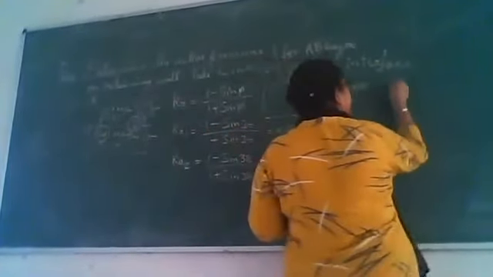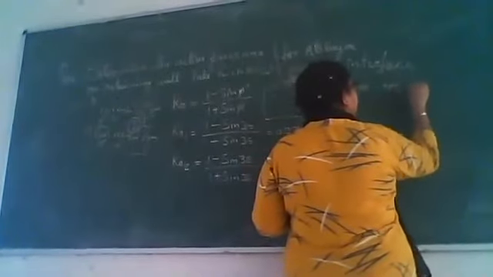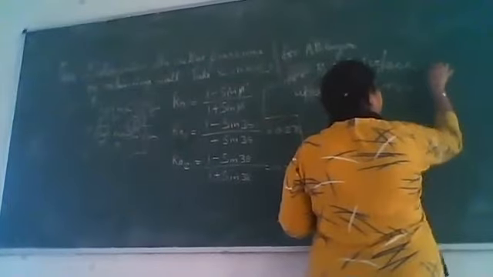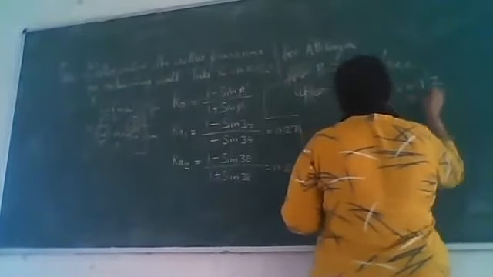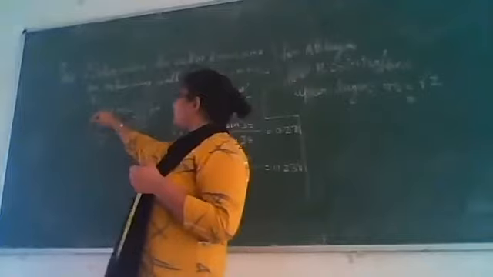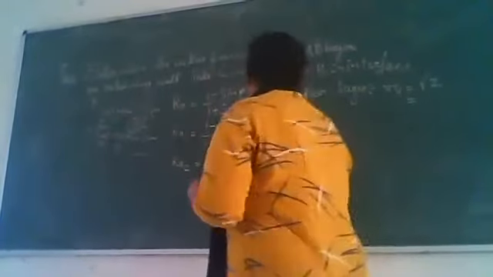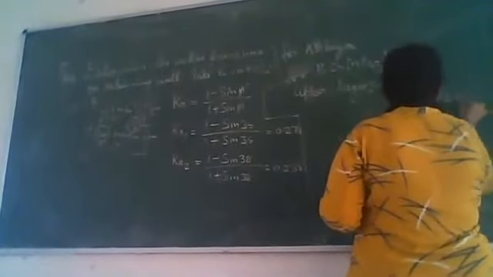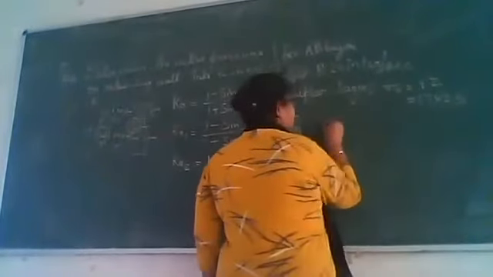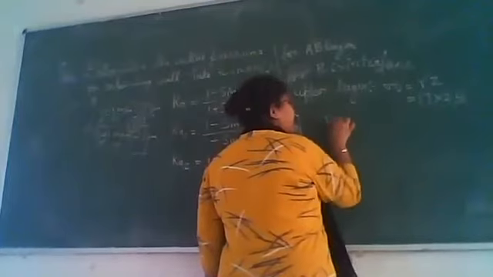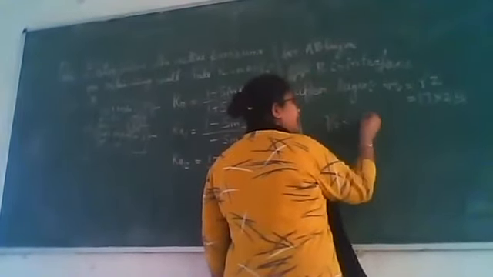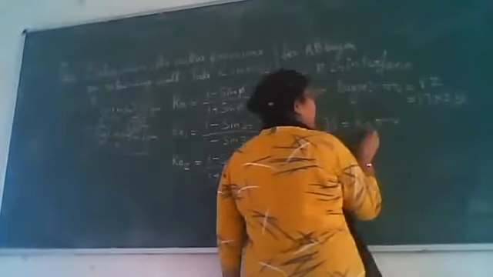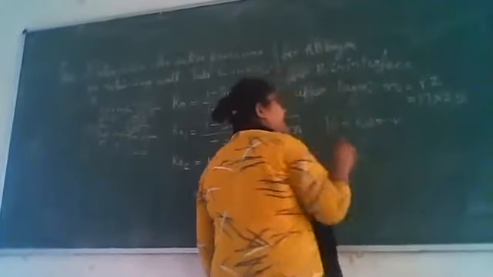Upper layer is calculated as sigma B equals gamma Z. What is gamma Z? Gamma is 17, Z is 2.5 in the question. So 17 multiplied by 2.5 is 42.5 kilonewton per meter square. Next, PA equals Ka times sigma B. Now, what is Ka here?